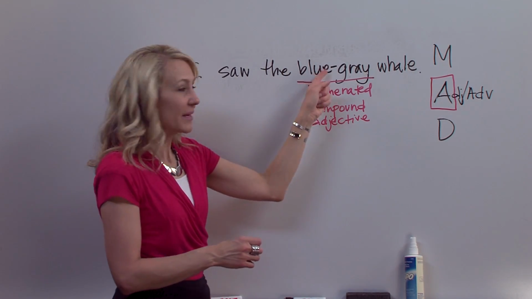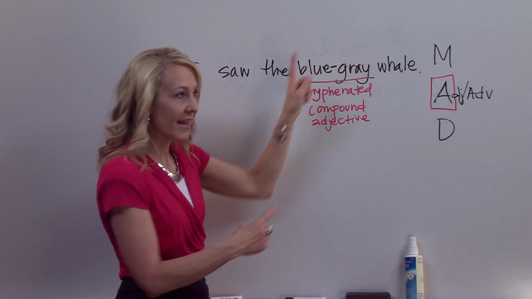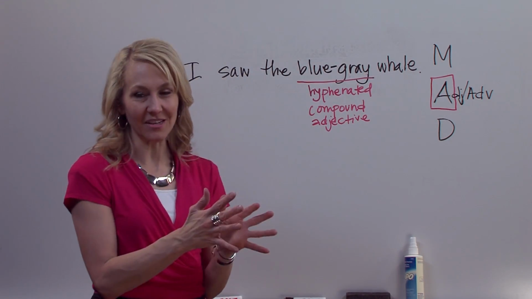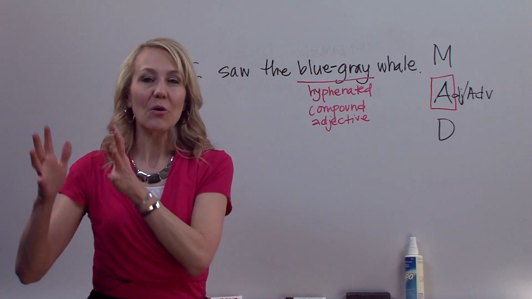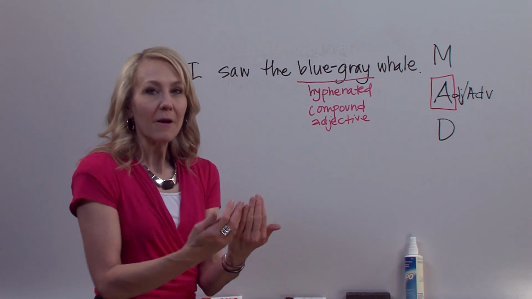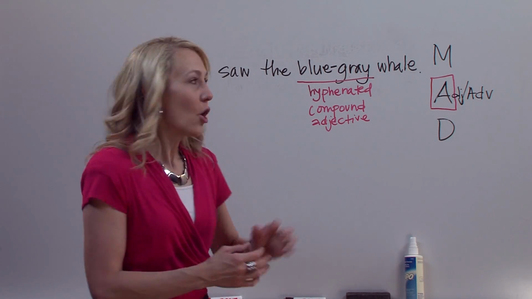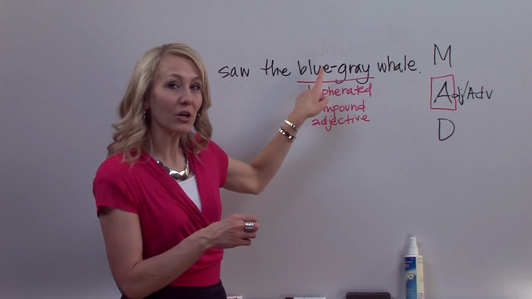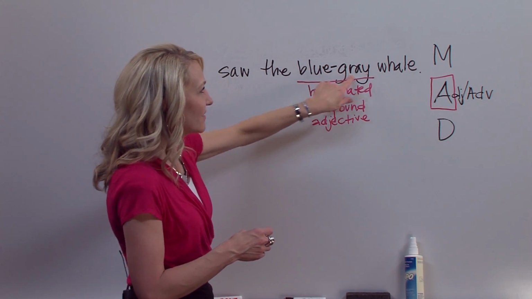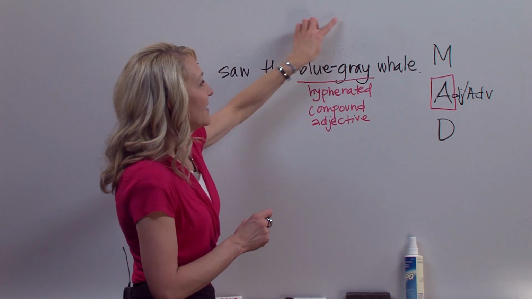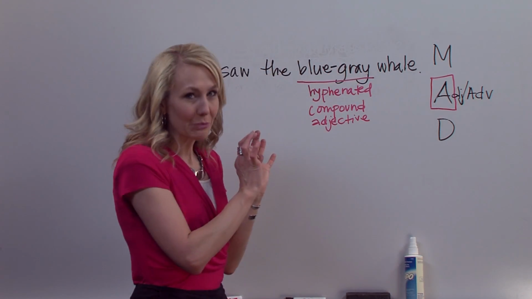So blue, because I've got the hyphen there, is describing gray, and I've created one whole hyphenated compound adjective that's describing the word whale. So when you're looking at the sentences, remember that you need to evaluate what the word is modifying. If both of the adjectives are modifying the noun, you put in a comma. If the adjective is modifying the other adjective, you put in a hyphen.